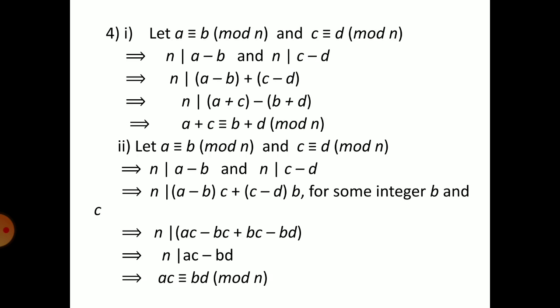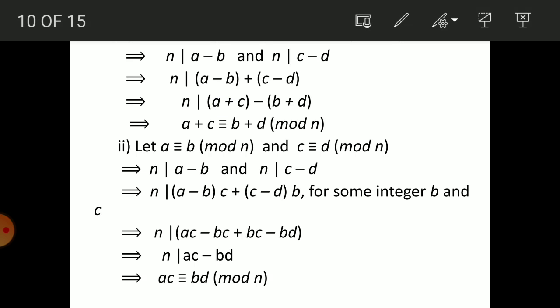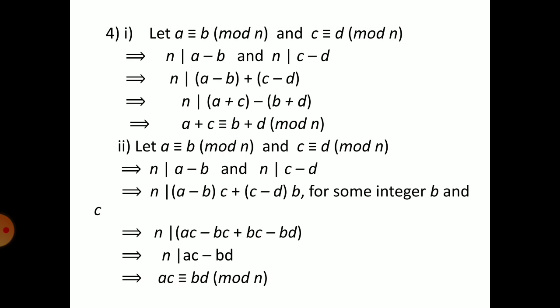Here, n divides A minus B plus C minus D. It can be written as A plus C minus of B plus D, taking the minus sign common. So we get n divides A plus C minus B plus D, and by the definition of congruence, this implies that A plus C is congruent to B plus D mod n.